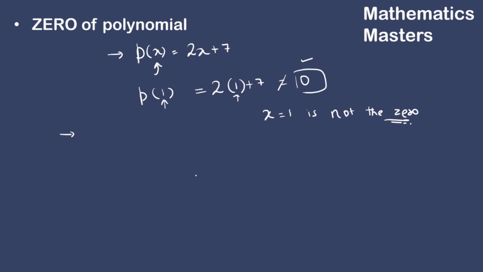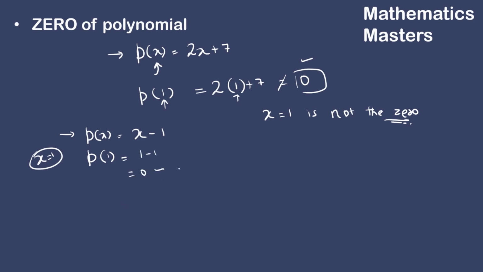That's the idea. Let's try with another polynomial. Let's say p of x equals x minus 1. Now, if we take x equals 1 over here, p of 1 would be 1 minus 1, which is equal to 0.